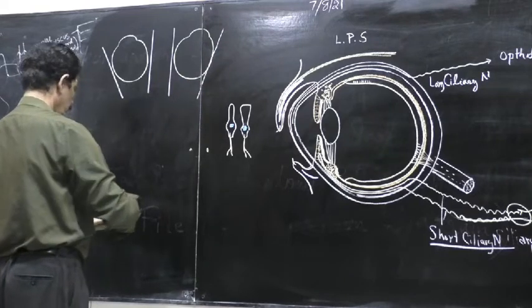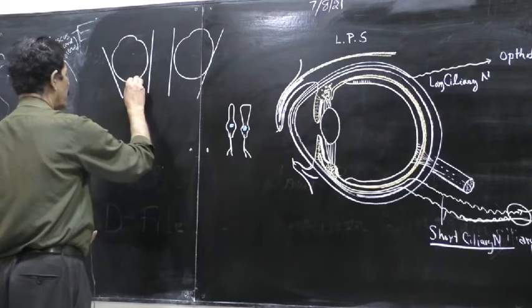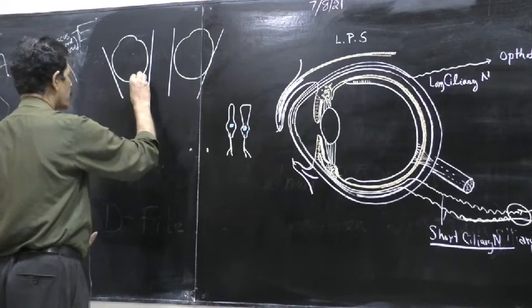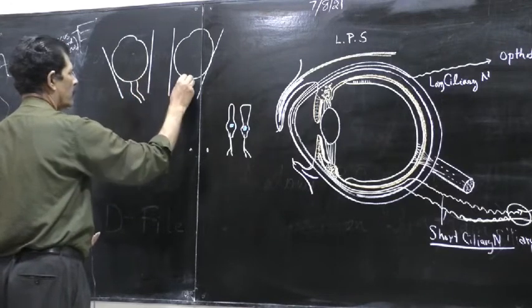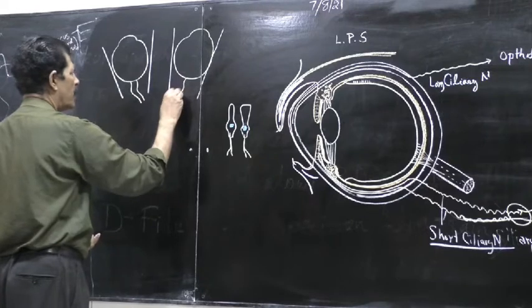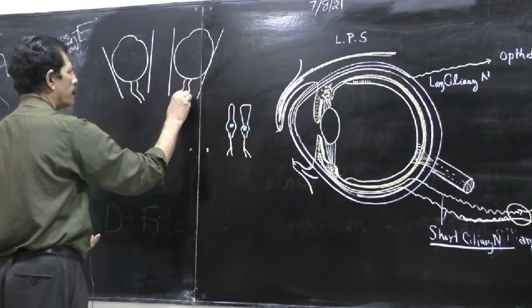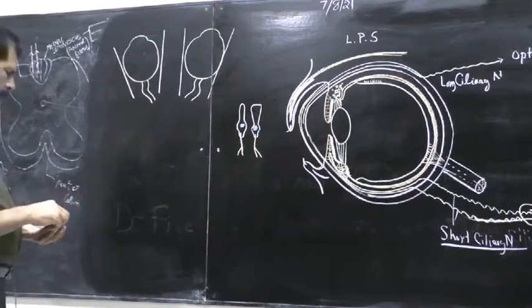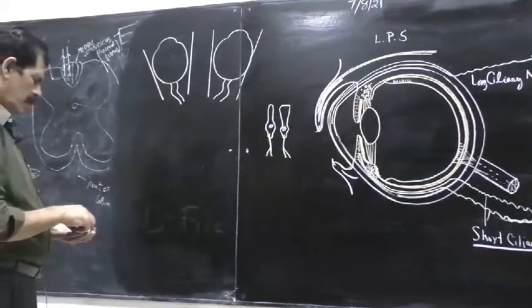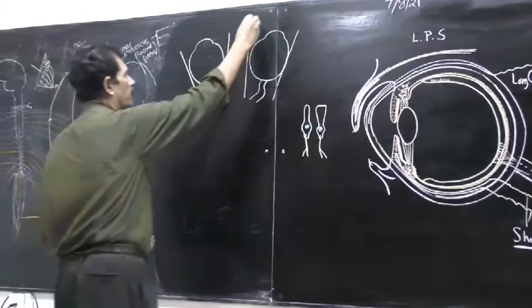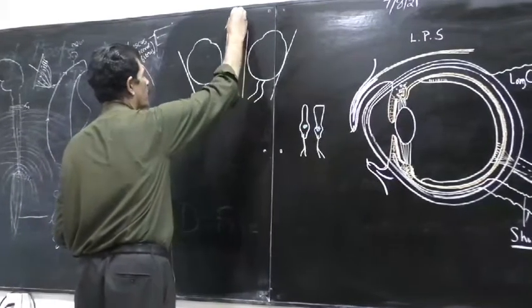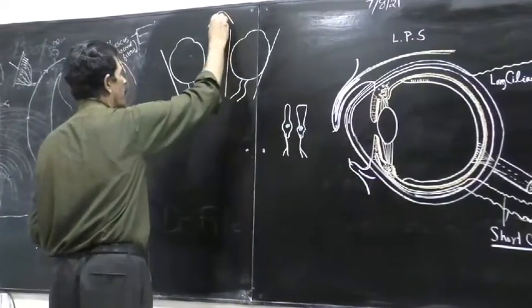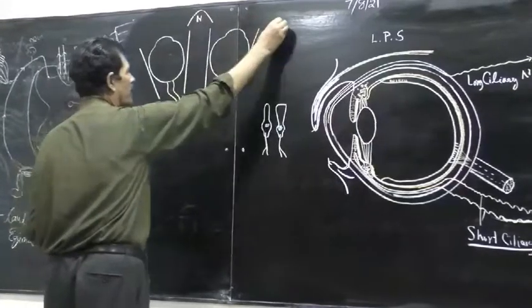And from the posterior surface of the eyeball there arises a tortuous optic nerve which runs obliquely. Here lies the nose. So this is the nasal side, this is the temporal side.